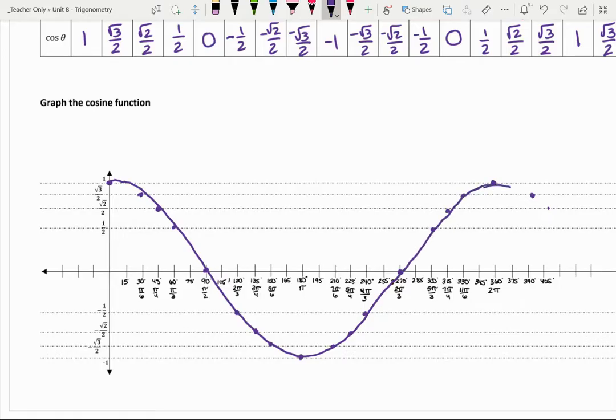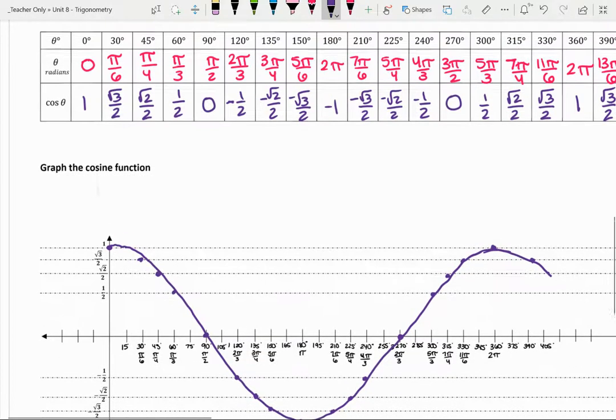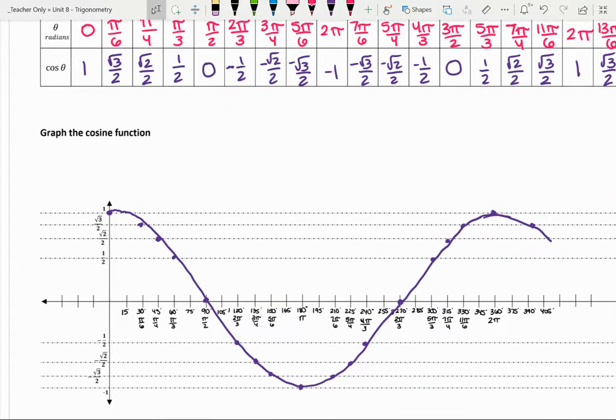So as you made your cosine graph, first thing you might have noticed is it's using the same exact values, right? 1, root 3 over 2, root 2 over 2, 1/2, 0. Those are the same numbers that keep coming up over and over and over again. Hopefully that's not too surprising since we saw them on the unit circle.